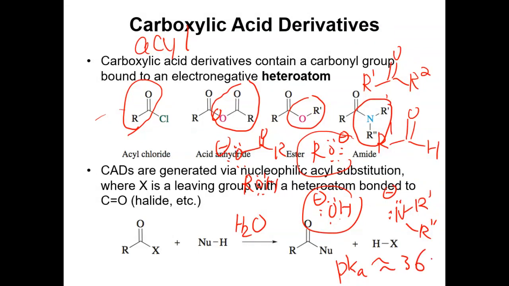So this is far more basic than the alkoxide ion, 20 orders of magnitude more basic. So it's very difficult for the amide itself to directly serve as a leaving group. I said alkoxide is already a bad leaving group, but to a certain extent it could serve as one. But we probably will not see conditions where amide directly serves as a leaving group.